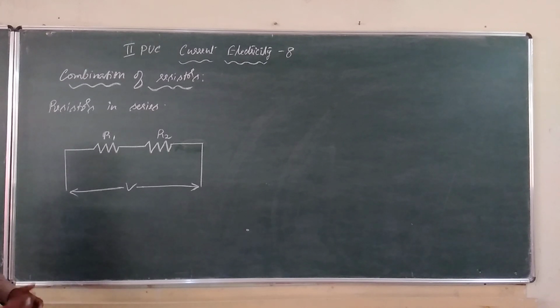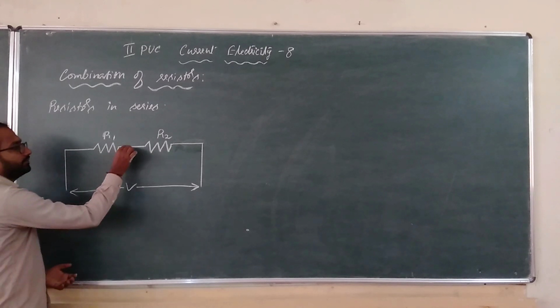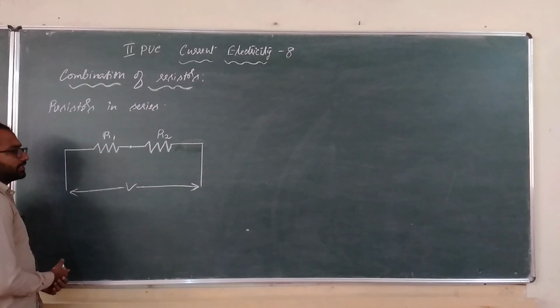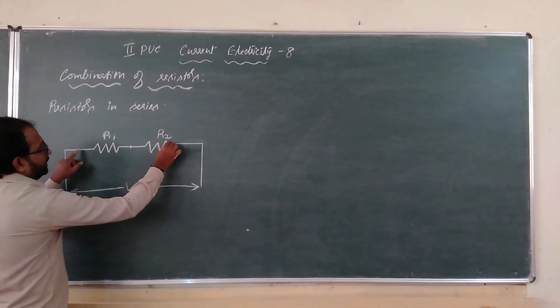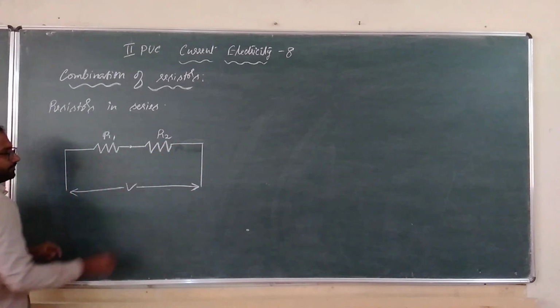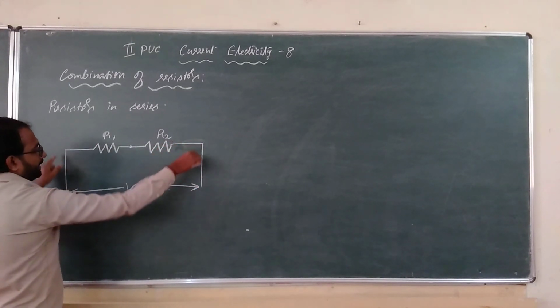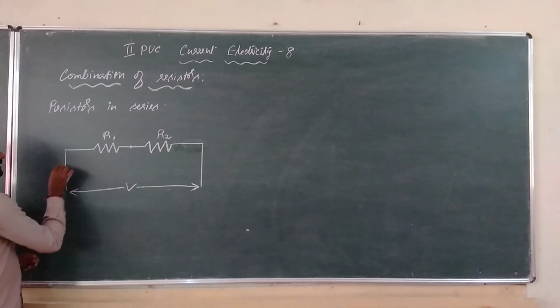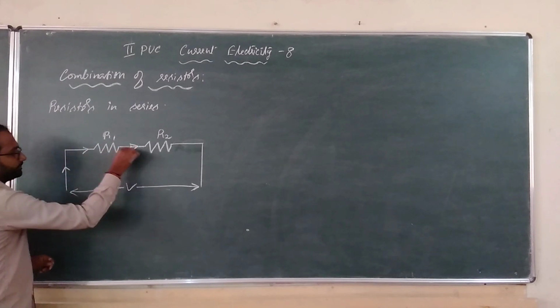Okay, so when do you say the two resistors are in series? The two resistors are said to be in series if one of their two terminals is made common such that if a potential difference is applied across the other two terminals, the other free ends, then the same current flows through each resistor.